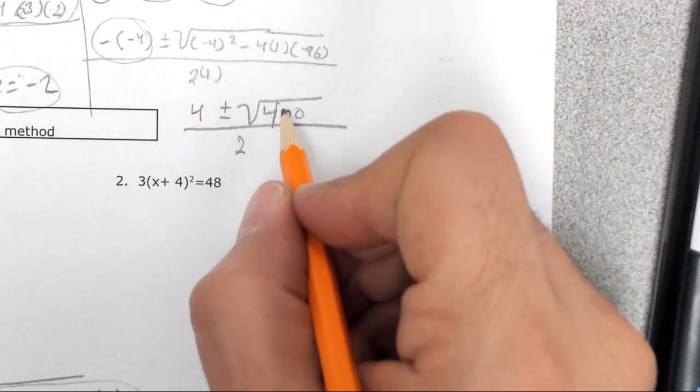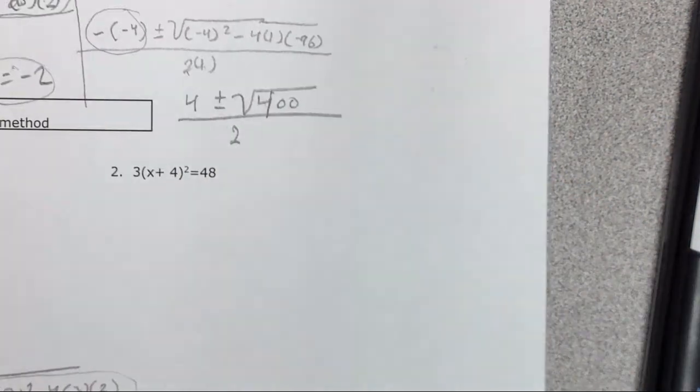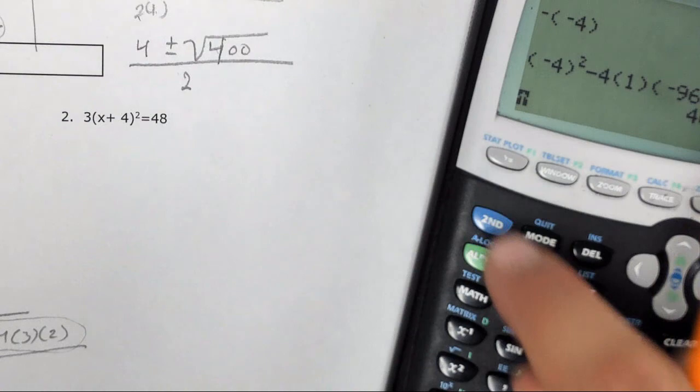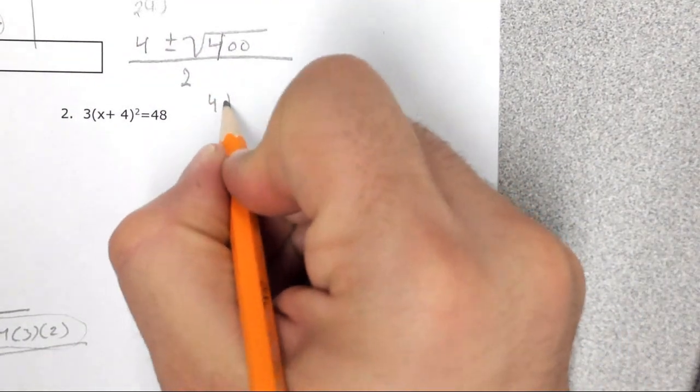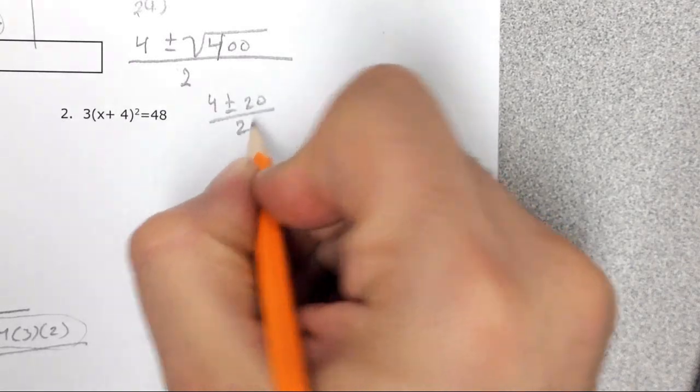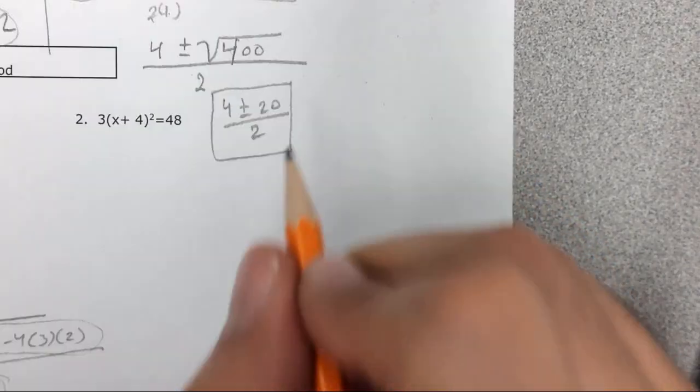Again, we could reduce this. Again, we end up with a whole number. And again, I could continue, but I'm going to stop right there just to show you how we end up with the fraction answers, okay?